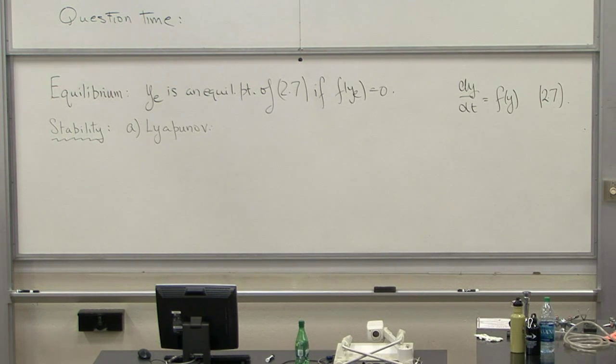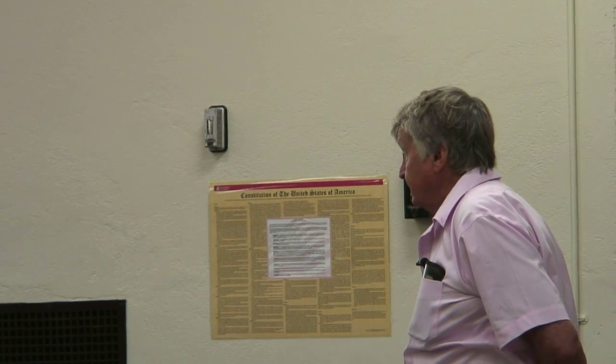And it's the following. It says, if I start near, I stay near. In other words, if I start near this particular equilibrium point y_E, will the solution for all time stay in that vicinity, or will it go away?